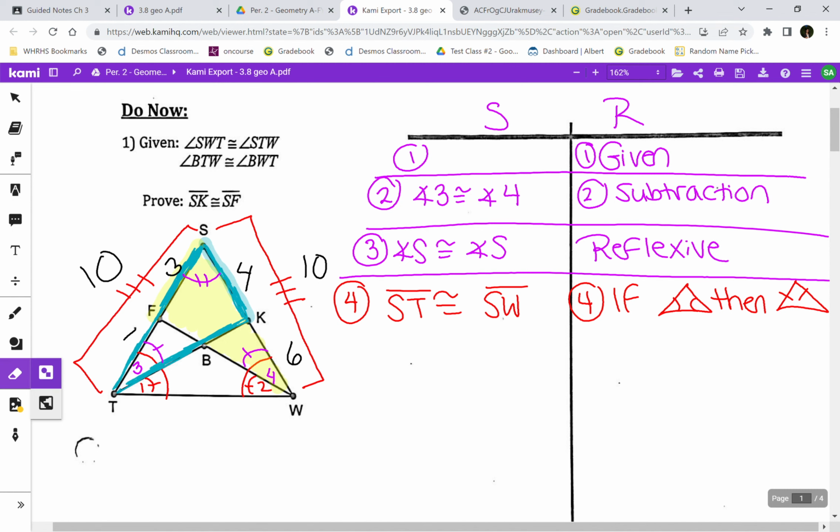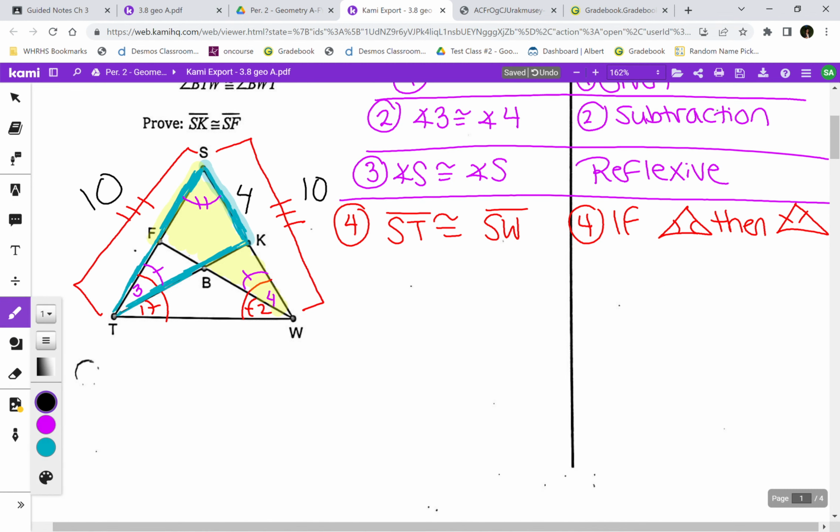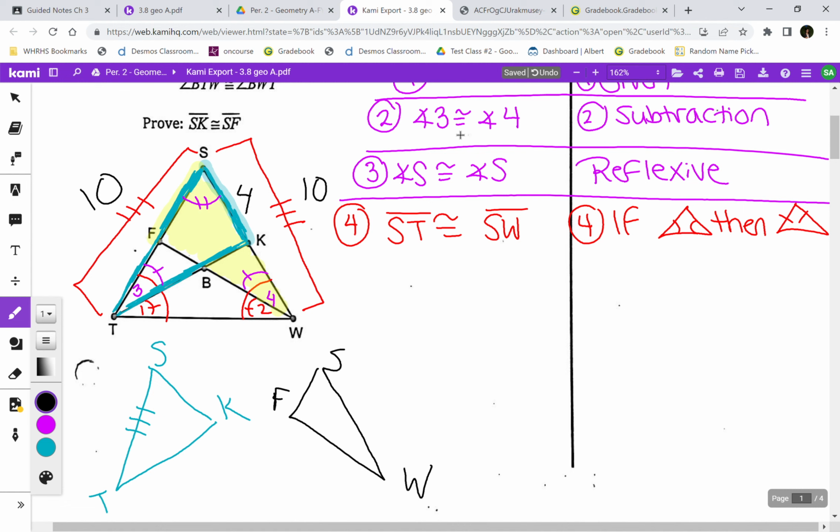Okay, so now, I'm not sure if you realize this, but we actually have enough to say the triangles are congruent. ST, so we got that angle S is reflexive.